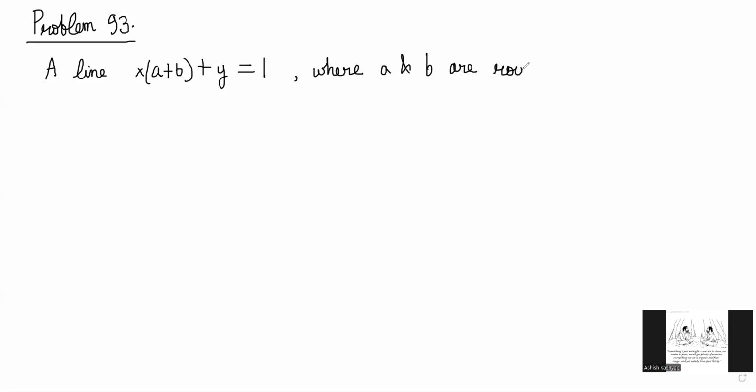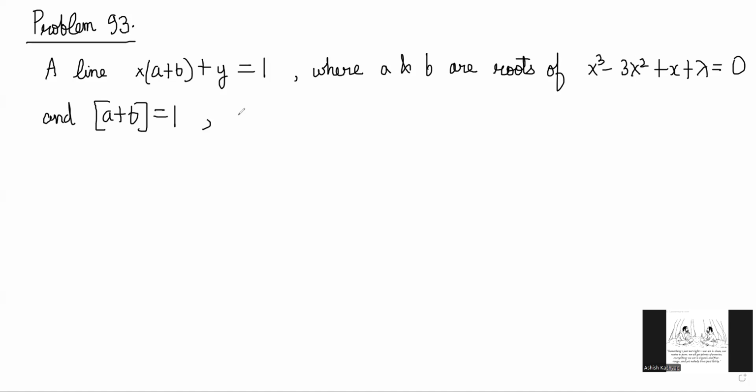So the question says a line x into a plus b plus y is equal to 1, where a and b are roots of x cubed minus 3x square plus x plus lambda equals 0, and GIF of a plus b is equal to 1, intercepts a triangle of area A with the coordinate axis.